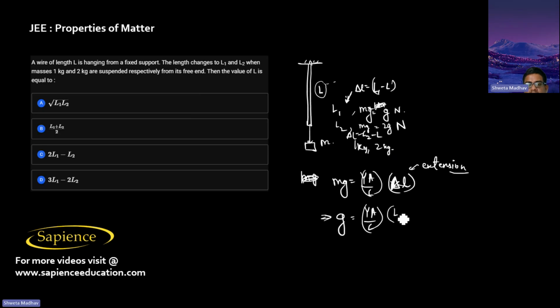So g equals YA by L into L1 minus L, and 2g equals YA by L into L2 minus L.